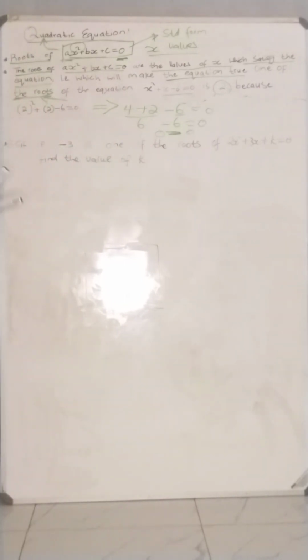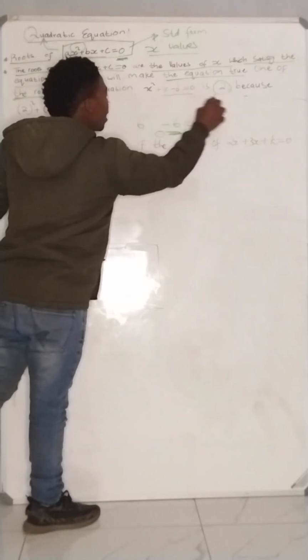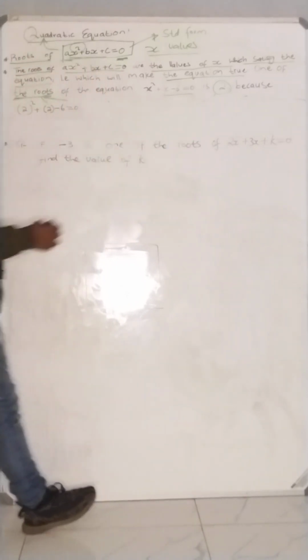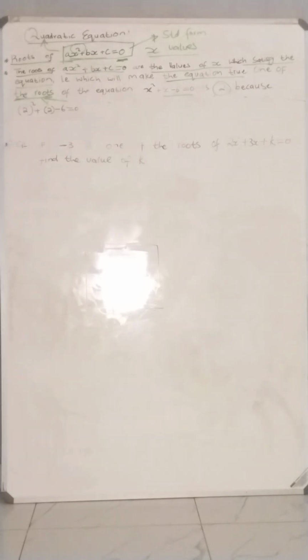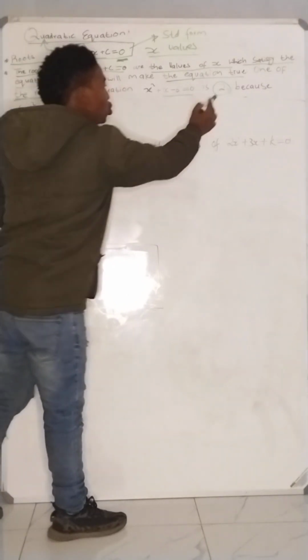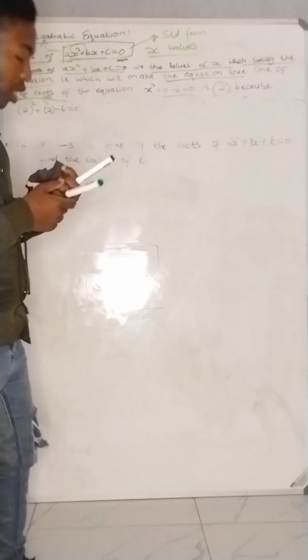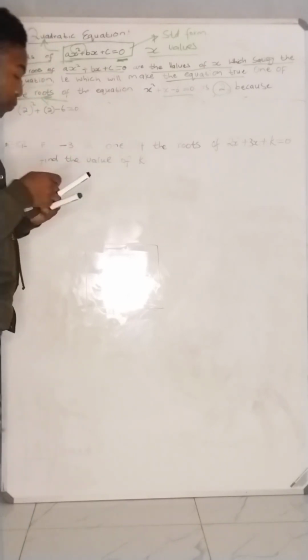Now, one might have a question to say, how did you find out that 2 is actually the root of the equation? And that is where factorization comes into play.